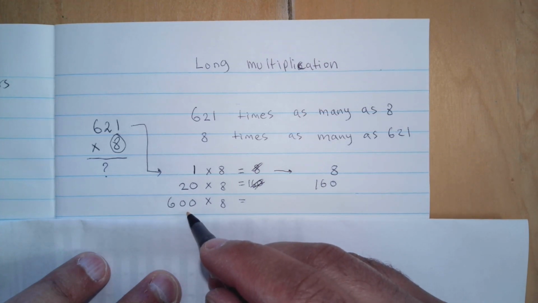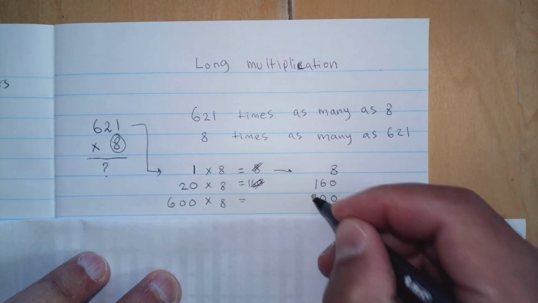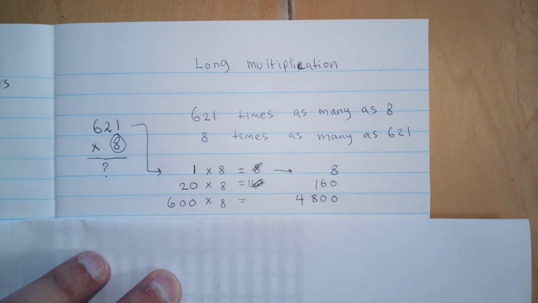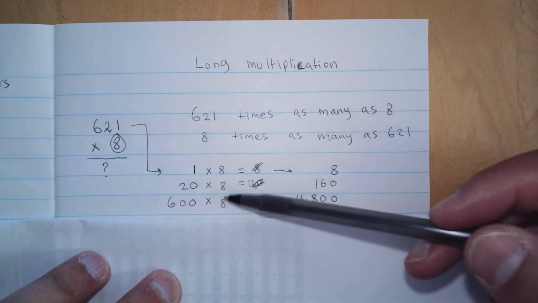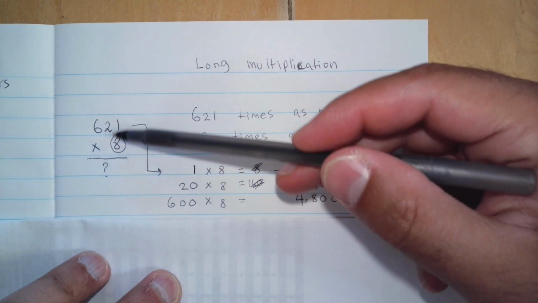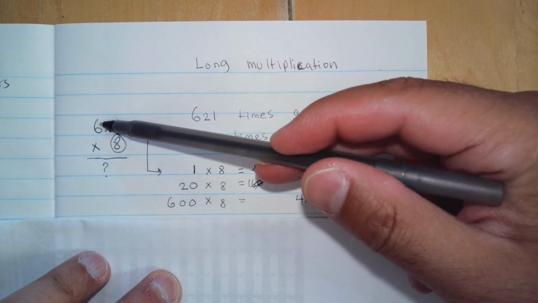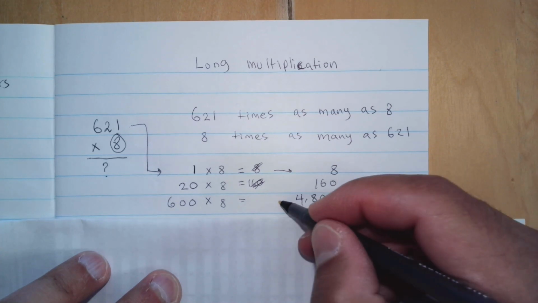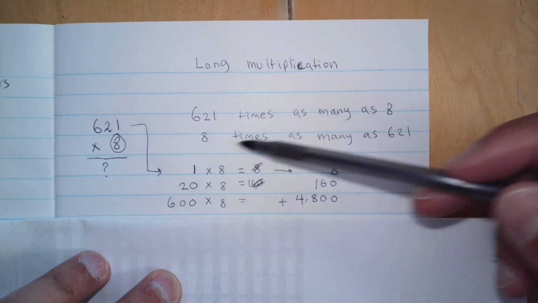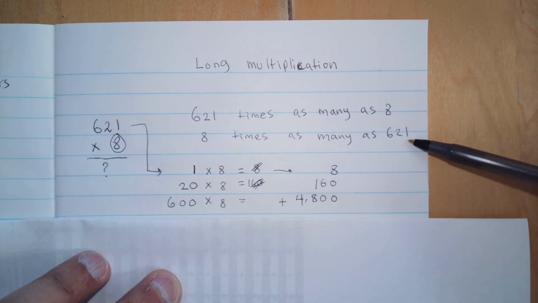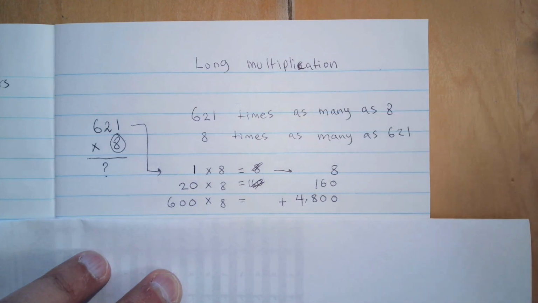So if it was in hundreds, that would be 4800. Now that I multiplied the 8 to each digit, remembering its place value, I can add these numbers to find that number that is 8 times as many as 621, or 621 times as many as 8.